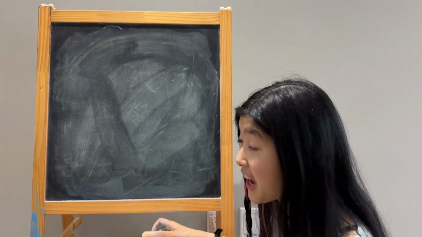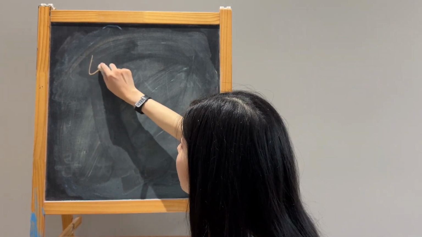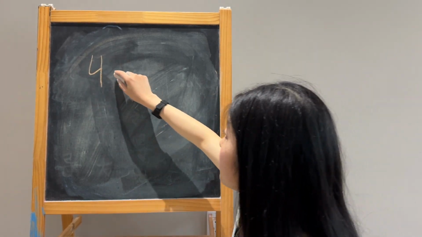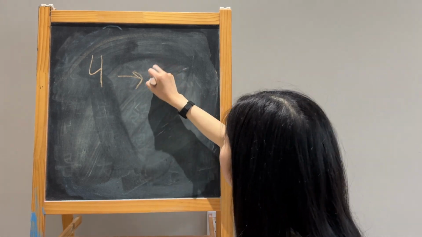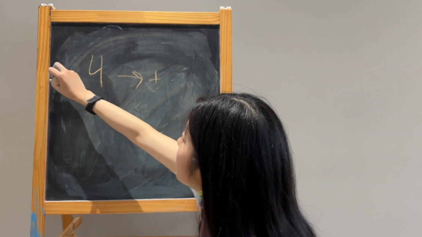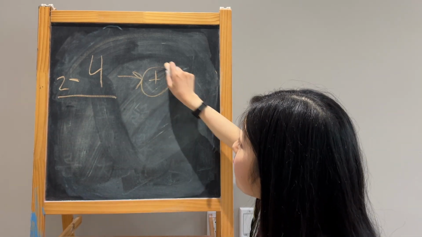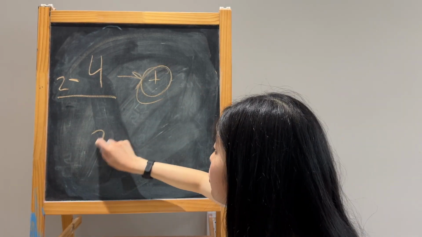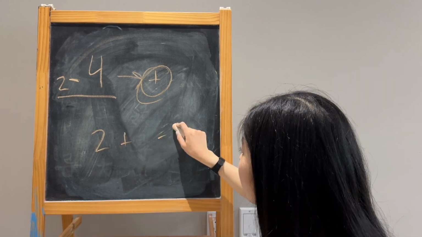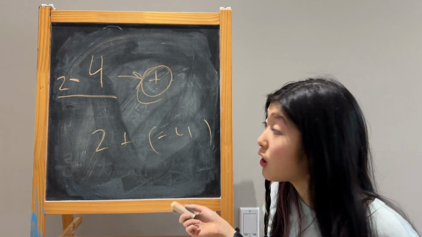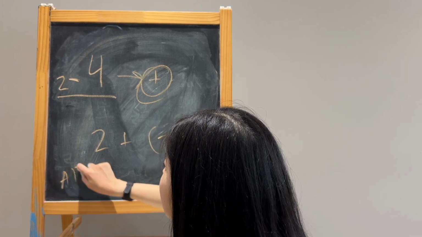So what I did just now, right? Actually, I should just write it out. 2 minus 4, turning that into an addition problem, right? 2 plus -4.